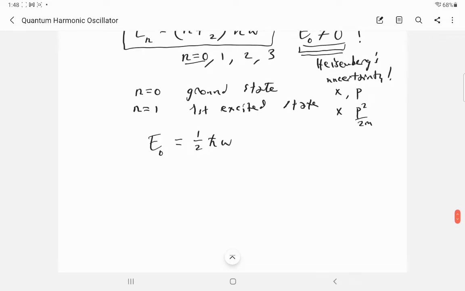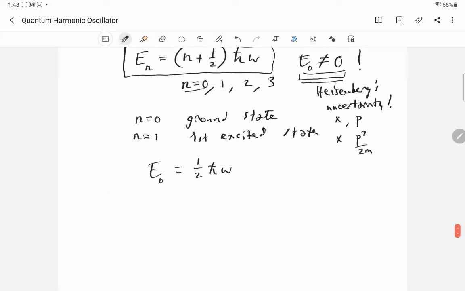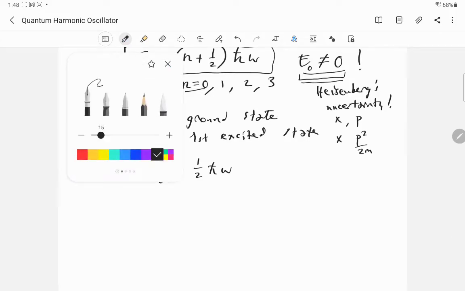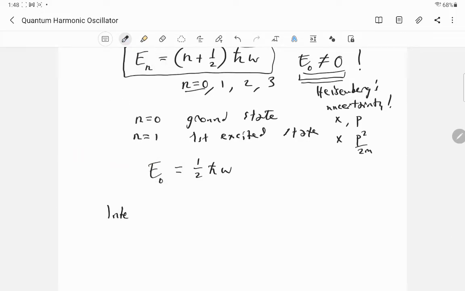Yeah. So an interesting thing to point out real quick is that for the quantum harmonic oscillator, the difference between adjacent energy levels is always the same amount.